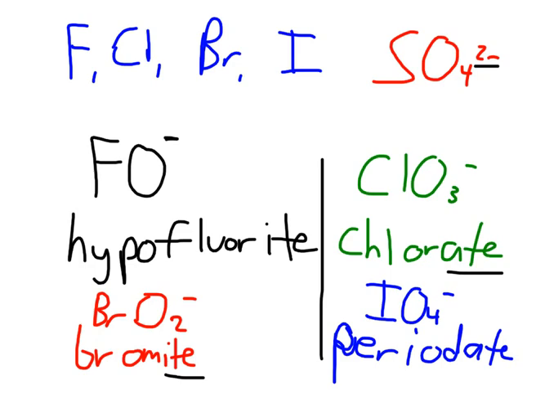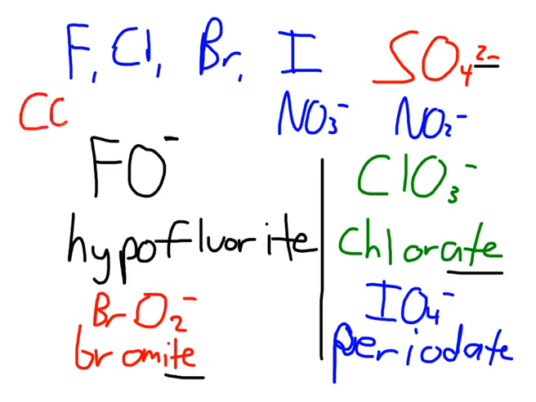And then you get messed up where these rules actually do apply to things like nitrogen, where you have nitrate and nitrite, but it doesn't apply to sulfur. And then it does apply to things like carbonate, except for the charge. So be careful.